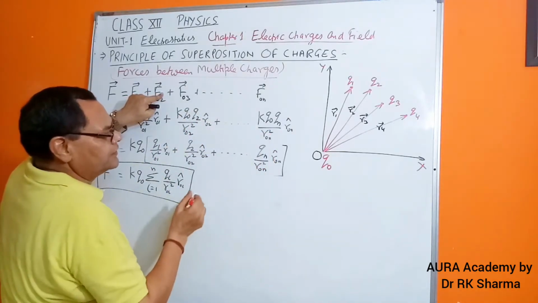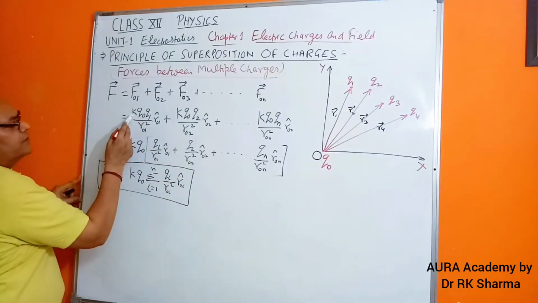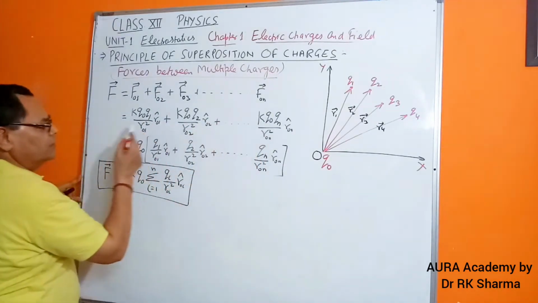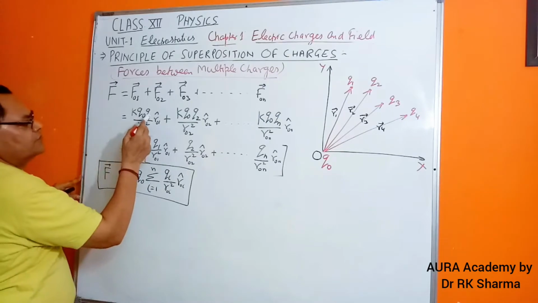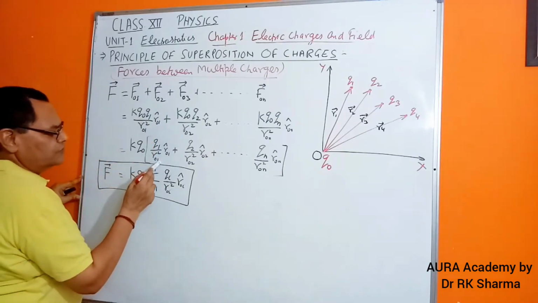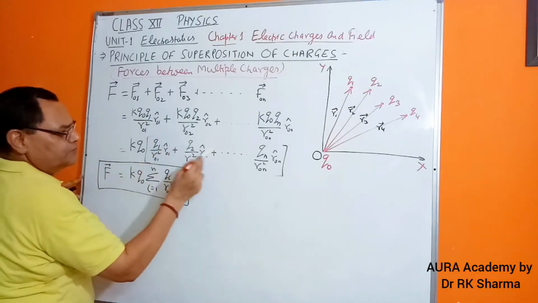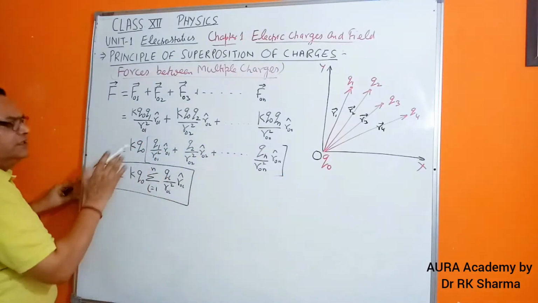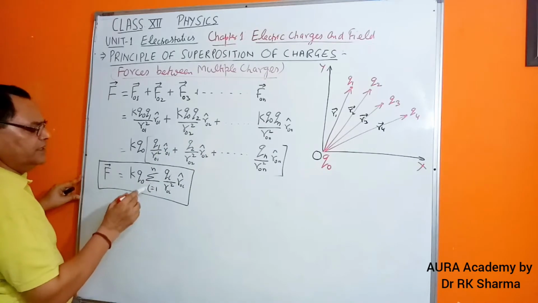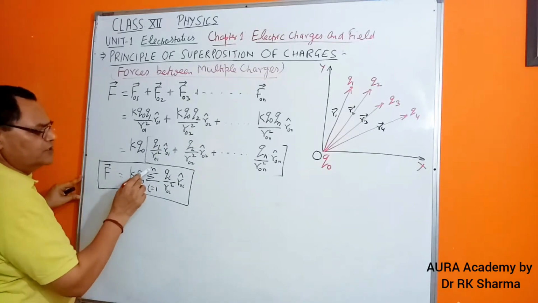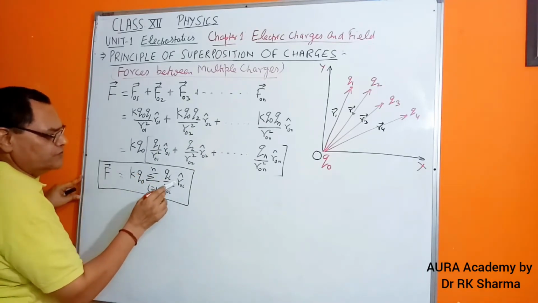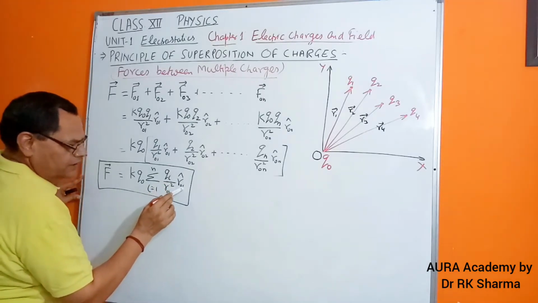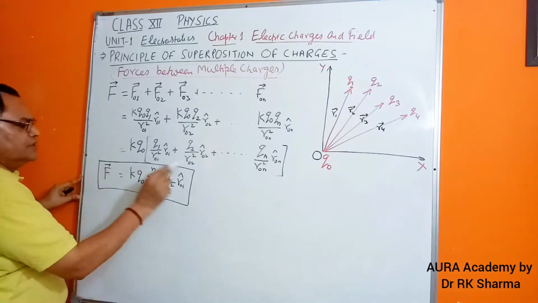Similarly for the nth part. When we take k q0, which is common throughout, out, we have q1 upon r01 squared times the unit vector, and so on. The quantity within the bracket can be replaced by the summation, i varies from 1 to n, of qi upon r0i squared into r0i cap, because it is a vector.